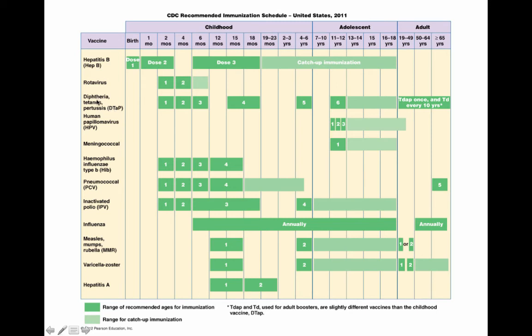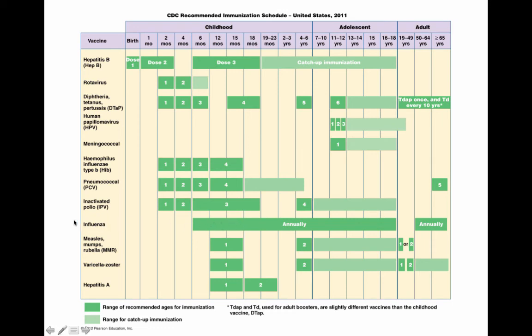Rotavirus, you get a couple of those. DTP, diphtheria, tetanus, pertussis. You get numerous DPT shots. Human papillomavirus, this is a newer one. There's an HPV vaccine now. This is done at adolescent years. Typically a series of 3. You can see some of the others. Influenza, annually.